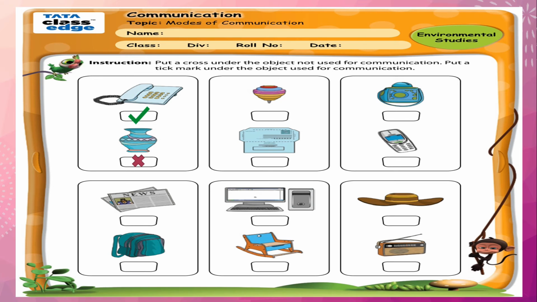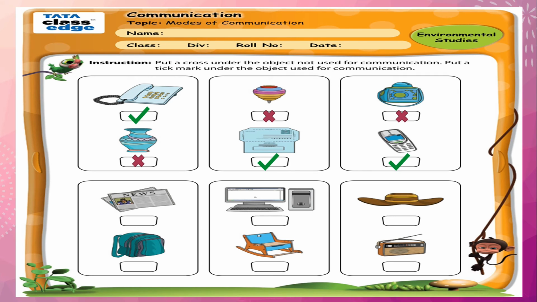Top is not used for communication, so we will put a cross. And next is letter, so we will put a tick. In third picture you can see water bottle and mobile phone. So mobile phone or telephone is used for communication, so we will put a tick, and under water bottle we will put a cross.